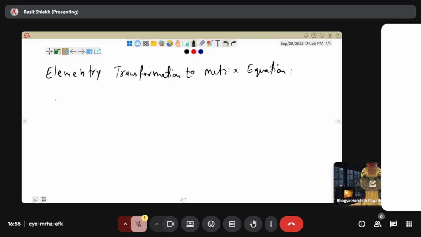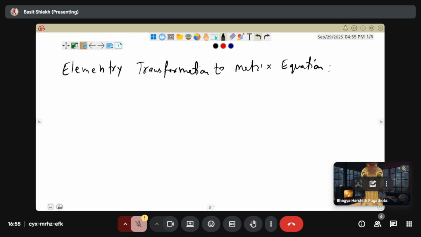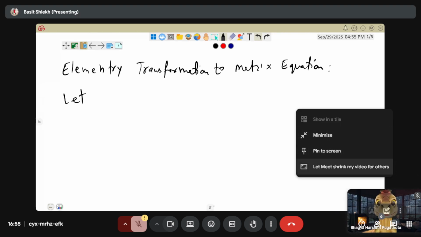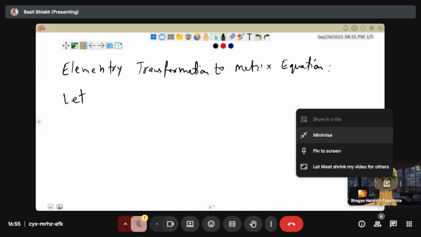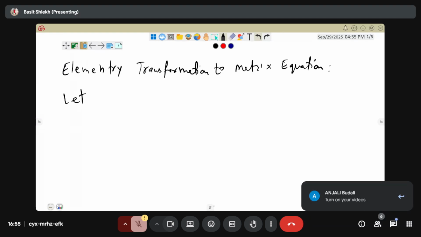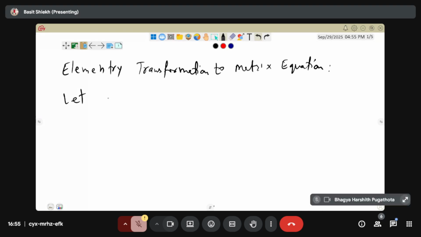Elementary transformation to matrix equation. Now what will we take? We will take a matrix X and matrix A and matrix B. Matrix A will be our square matrix, matrix B will be our square matrix, and X will be our matrix of variables x, y, z, like this.